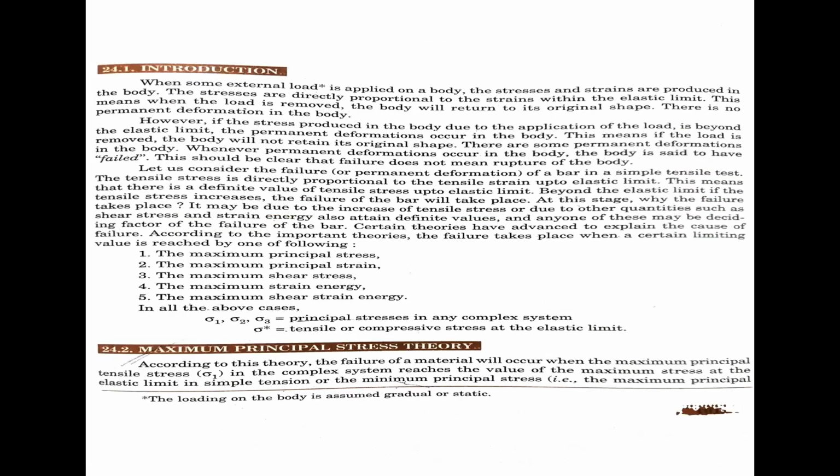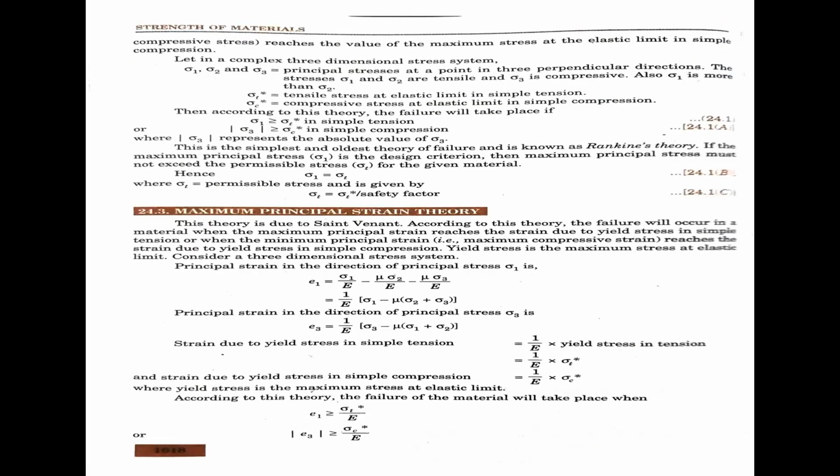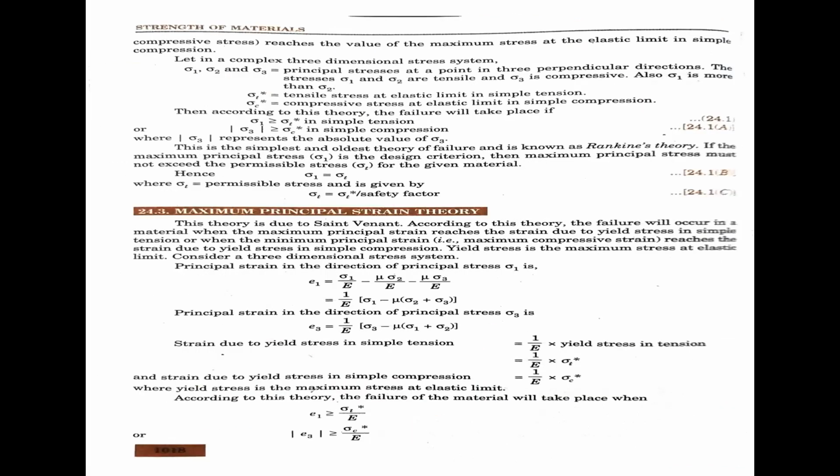Second, the factor of safety. Using equation 24.1b, we get sigma 1 equal to sigma t, where sigma t is the permissible stress for the given material.